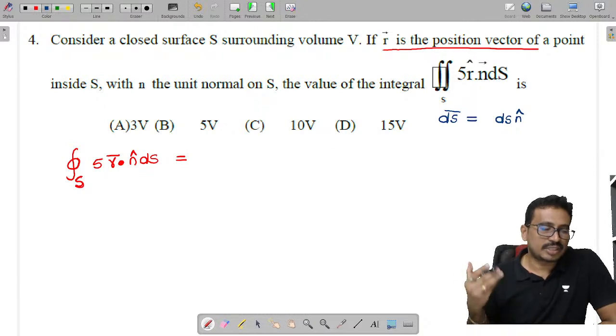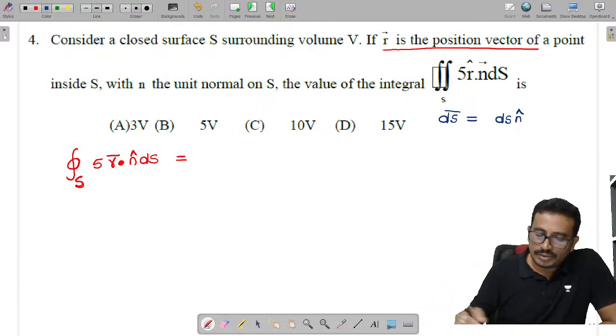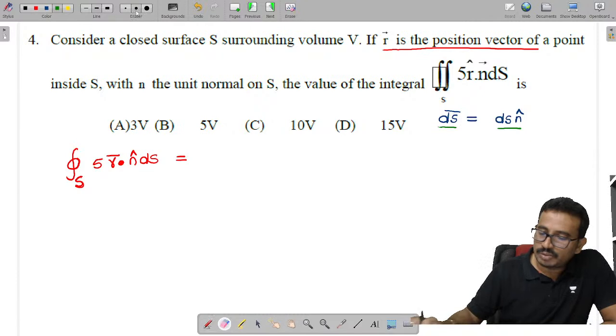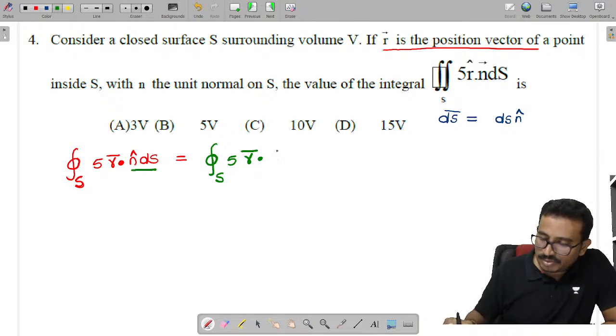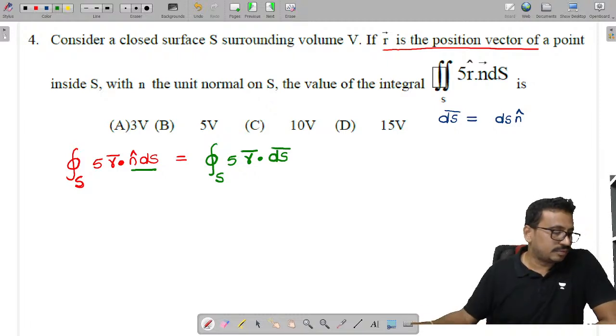Instead of writing dS into n cap, I am simply writing dS bar. So I can modify this equation as the surface integral of 5 into r bar dot dS bar. Is it fine, all of you?